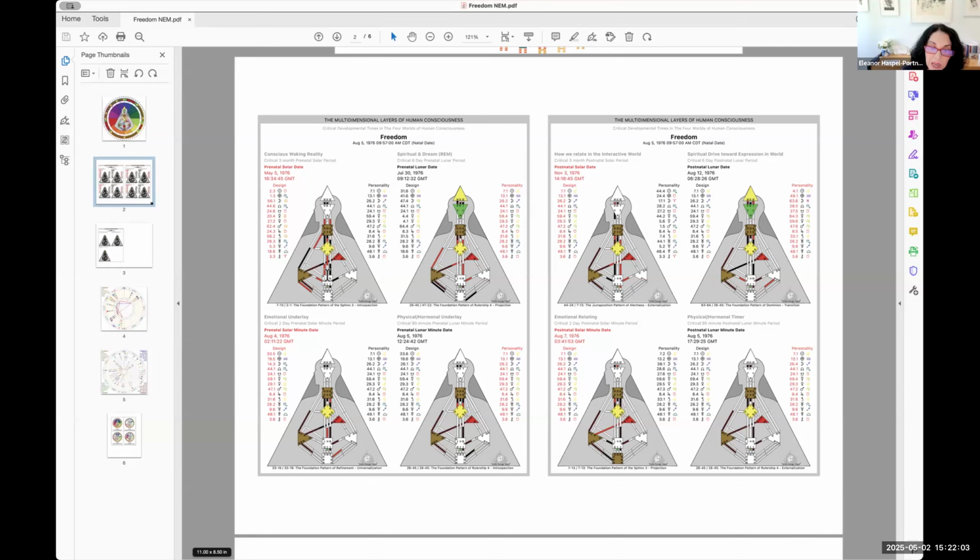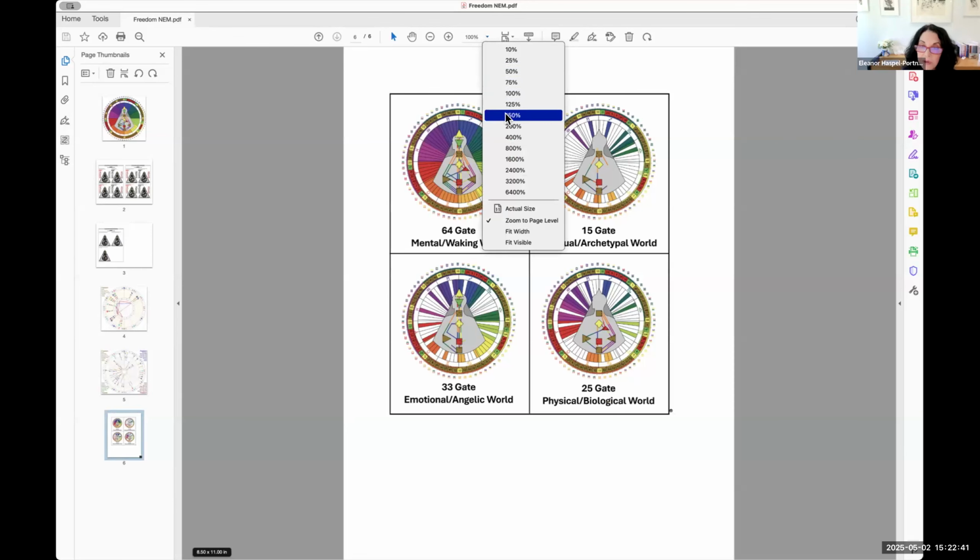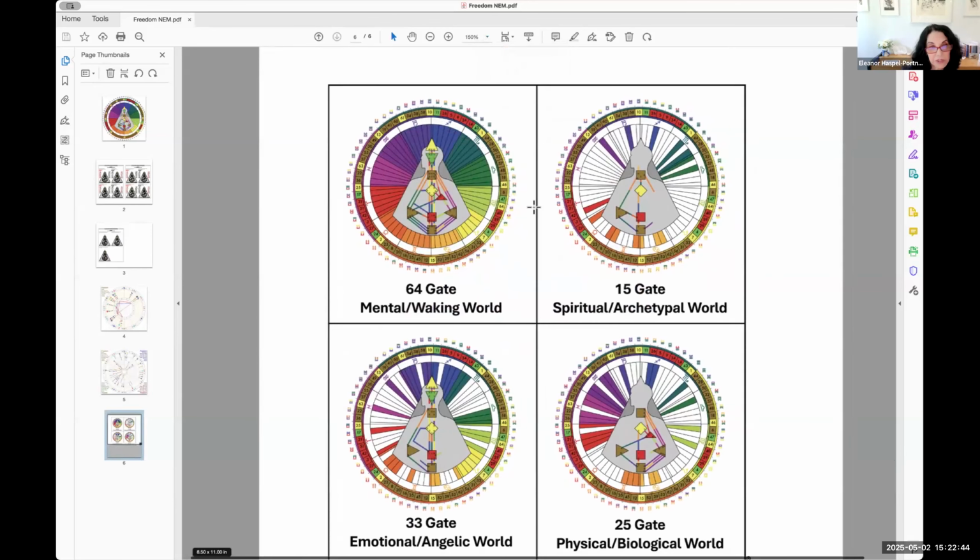So look at the designs. Notice that on the spiritual level, I feel pretty certain that the unifying integrated field of consciousness is the spiritual design. Why? Because if we look at the matrices here, let me make this bigger. You have them in your document, but look at the matrices.